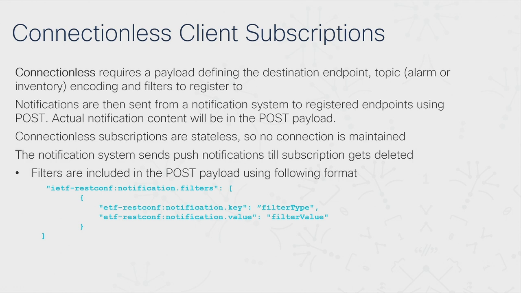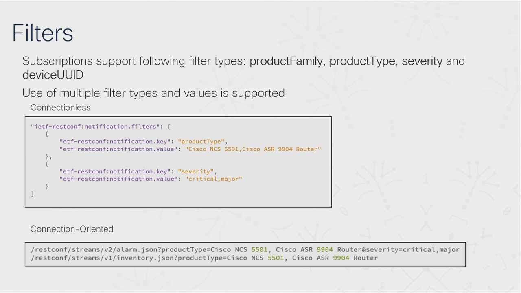And here we have an example of filters for the connectionless subscription, and for both connection-oriented and connectionless. Bear in mind that for the subscriptions, we have filters based on product family, product type, severity, and device unique identifiers.